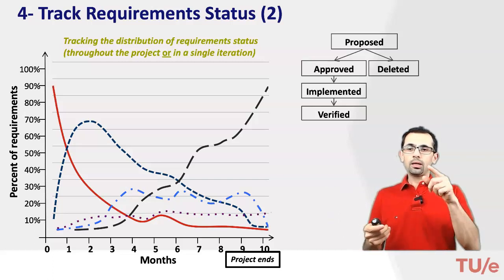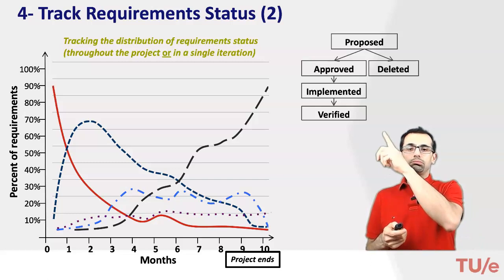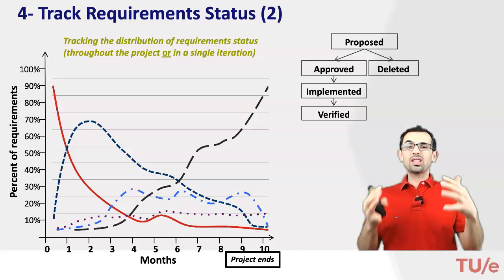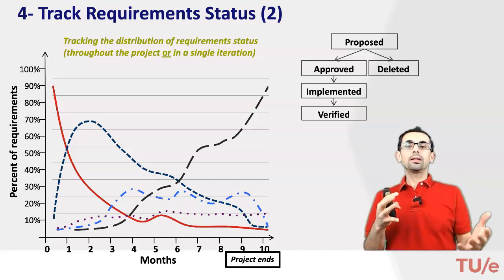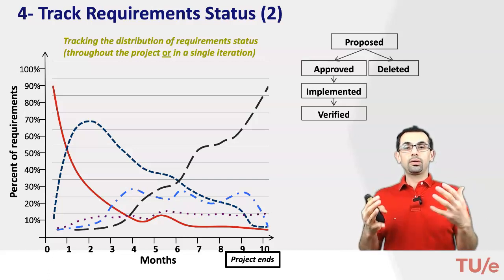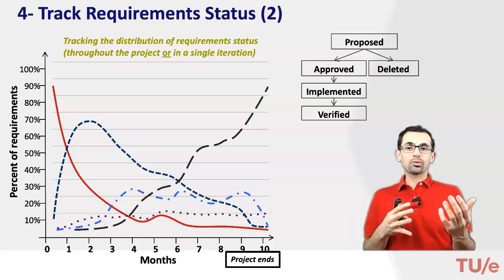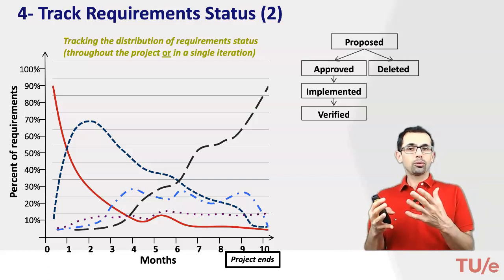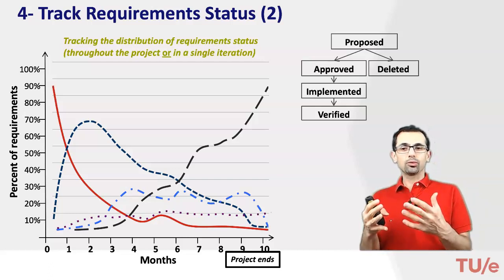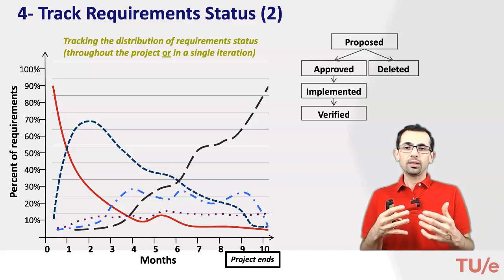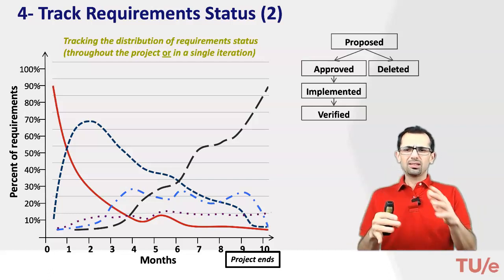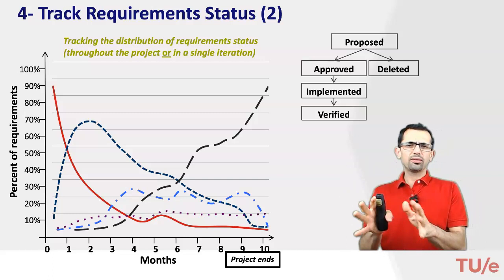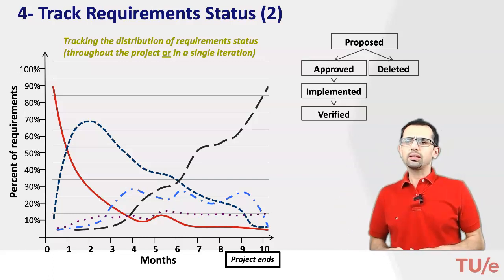And this part shows the valid status of requirements. So it can be proposed, and from proposed it can only be deleted or approved, and then if it is approved it can be implemented or verified. It's not the entire set, but anyway, these are a simplified version of the status.